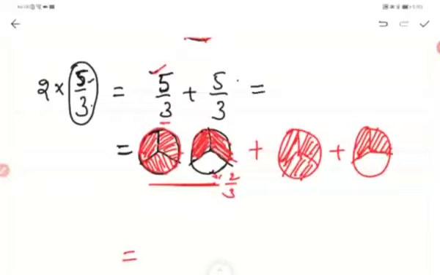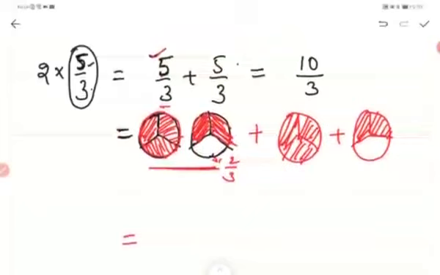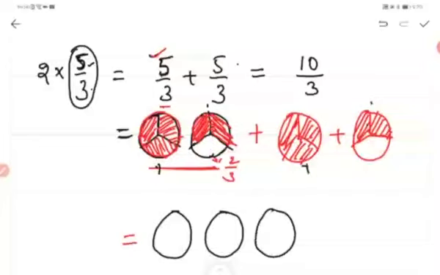This will give you 10 by 3, isn't it? So your output, you have 2 wholes, this one and this one. And again, if you take one more whole, one shaded region here, it will fill over here, isn't it? So you'll get one more whole, and one more with one region shaded.